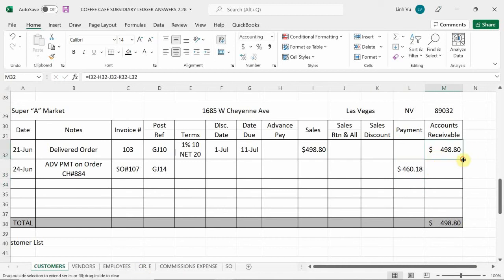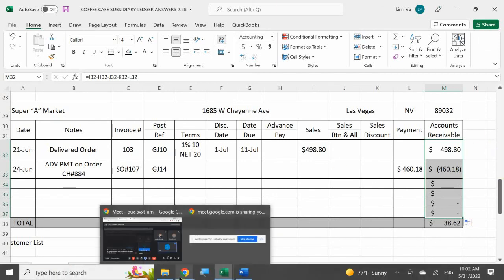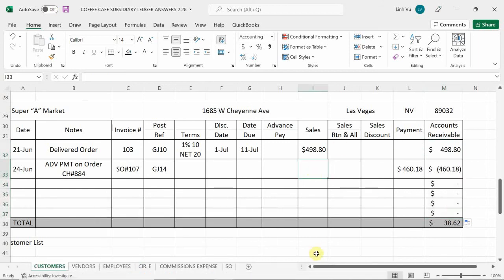And I drag this formula all the way down, right? It's going to say that they made a payment and it's going to go towards the first invoice, which isn't true, right? They don't owe me $38. They're going to owe me another $460.18. So how do I put this in the system to make it reflect that this is correct? Well, that means I have to insert an actual sales.